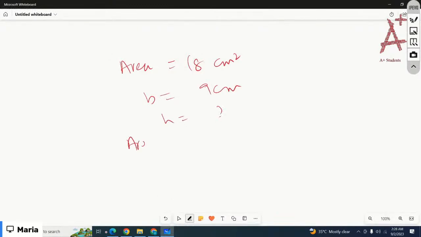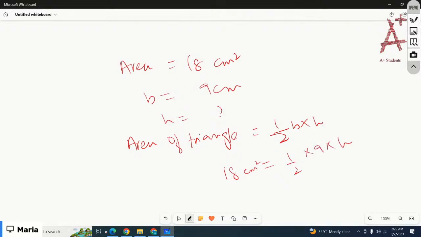We know that the area of a triangle is half times base times height, right? So the area you are given is 18 centimeter square, and the base is 9. You have to calculate the height. You cannot divide by 2, so you multiply by 2 on the other side.